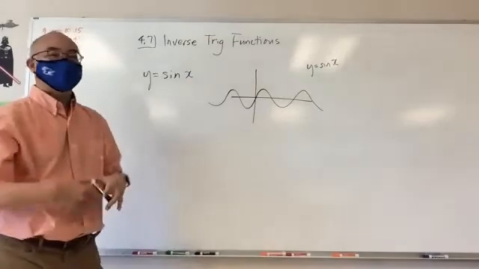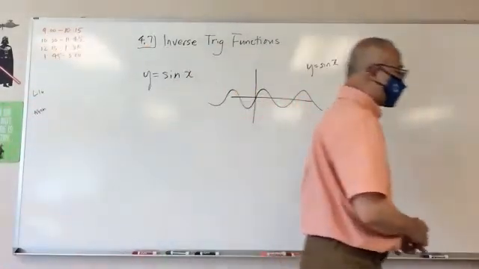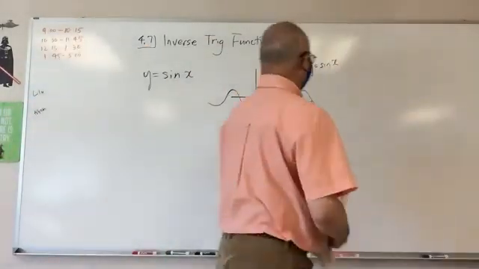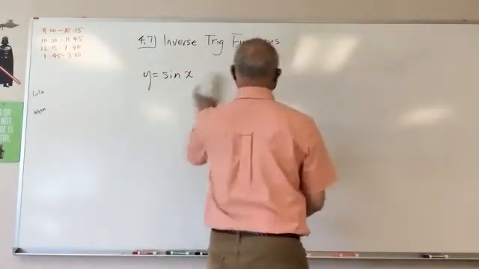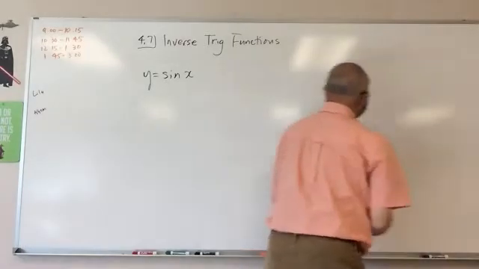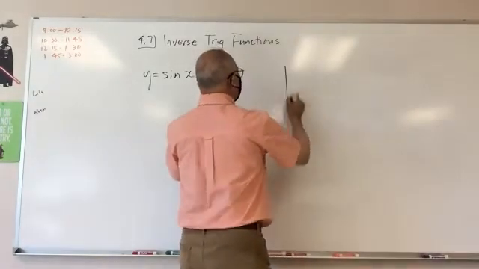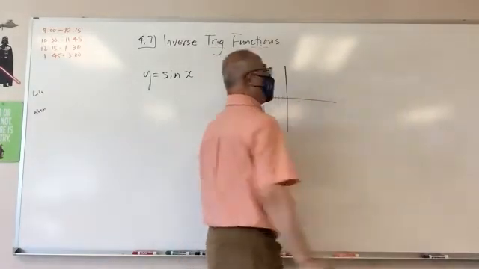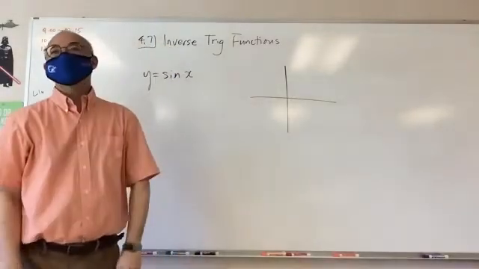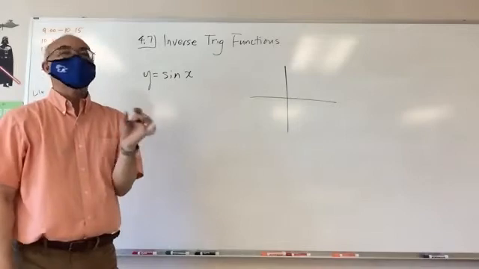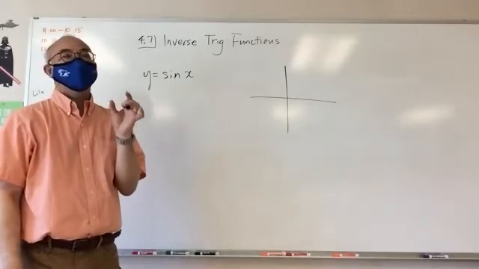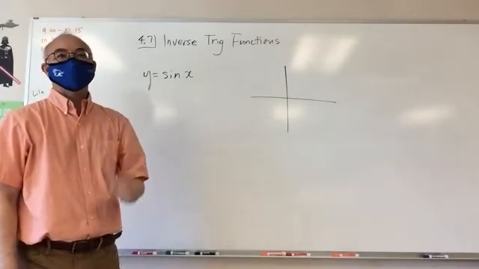So to get around this little detail, the mathematicians decided to do something, not necessarily cheat, but what they decided to do is, okay, we're gonna make an inverse function of sine, but we're gonna use a domain where it passes the vertical and the horizontal line tests.